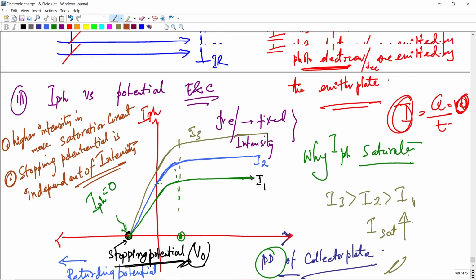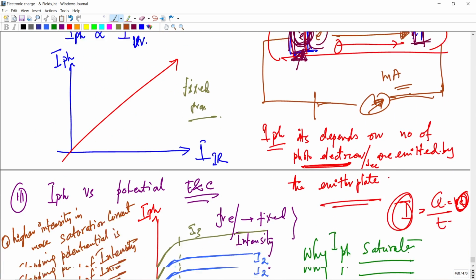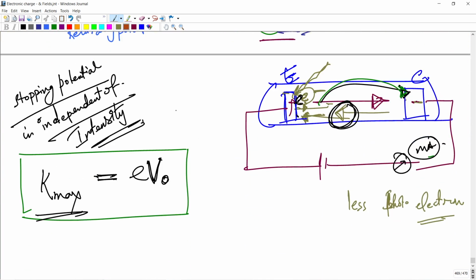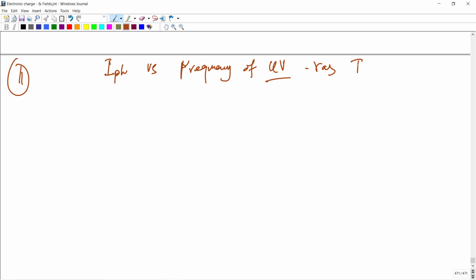Now we discuss number 2, the relation of photocurrent with the frequency of incident radiation. So now the photocurrent versus the frequency of the UV ray, rather than the intensity of the incident radiation.